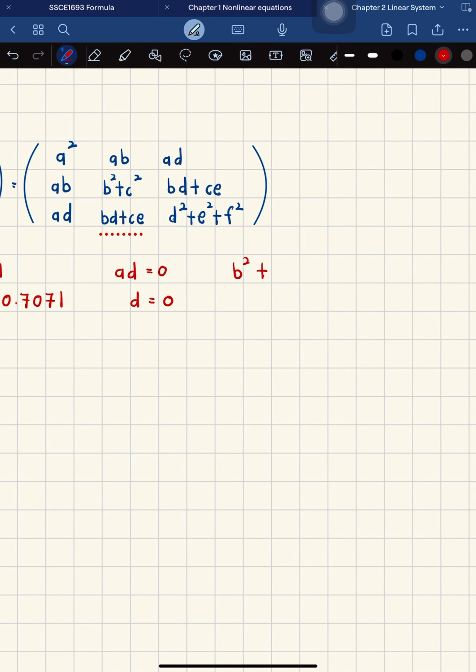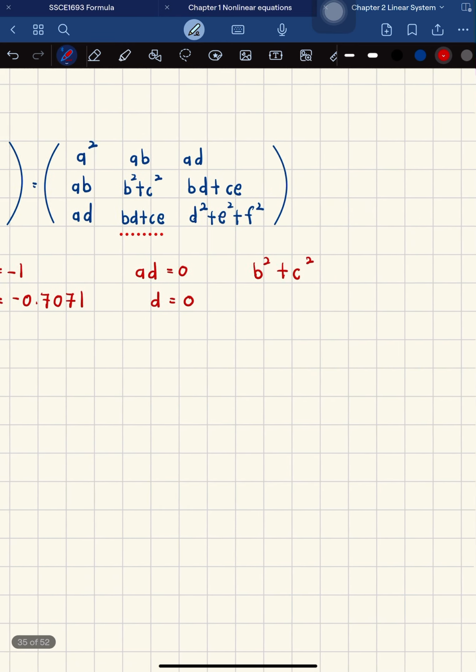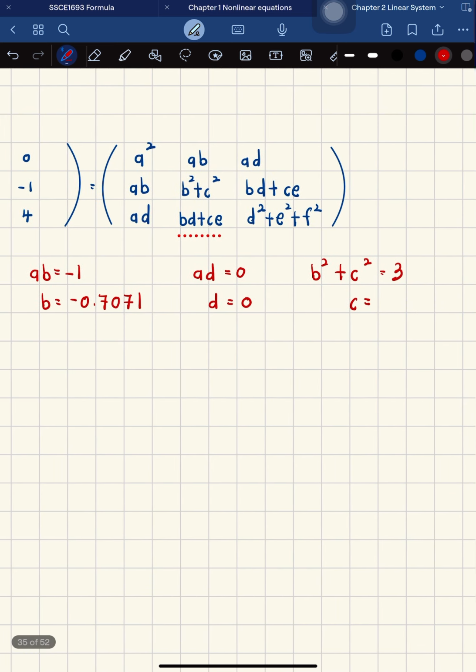B squared plus C squared equal to 3. So C is equal to the square root of 3 minus B squared, negative 0.71 squared, and then that gives 1.5811.